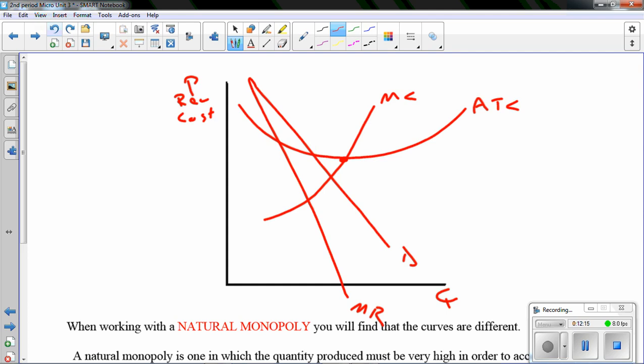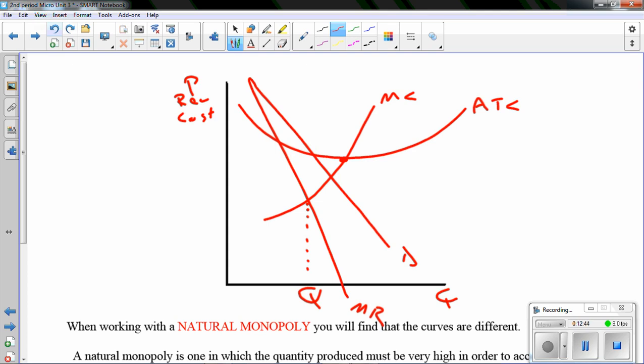Now this firm is going to produce where MR equals MC. That tells us our what? Where MR equals MC, that tells us our quantity. Now we've got our quantity. Whatever should we price this product for? How much do we charge? Go up to the demand curve, because the demand curve is how much they are willing and able to pay.